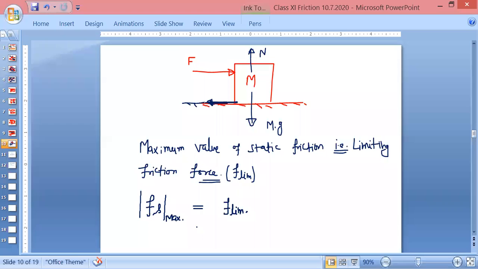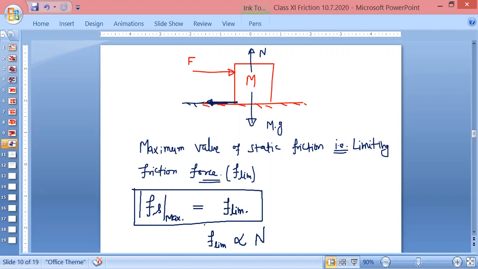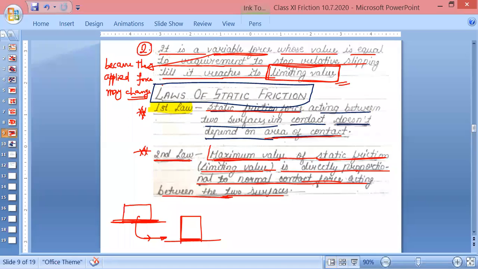And F limiting is proportional to the normal forces between the surfaces in contact. You can see here the limiting value is directly proportional to the normal contact force acting between the two surfaces.